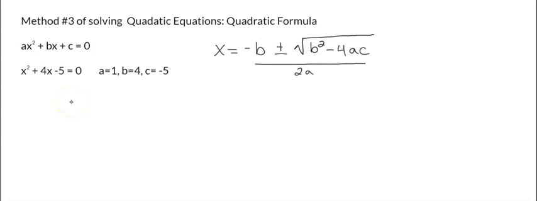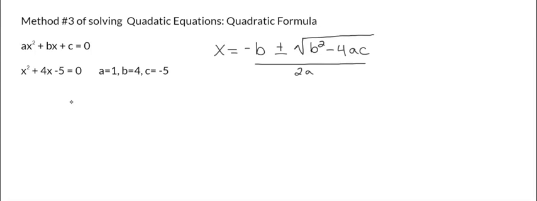Last time we talked about method 2, completing the square of the quadratic equation. So this time, method 3, we're going to use the quadratic formula, which is basically negative b plus or minus the square root of b squared minus 4ac over 2a.